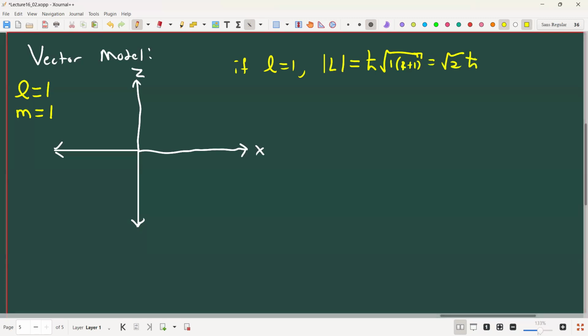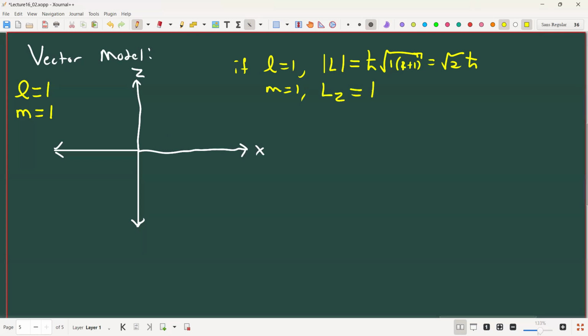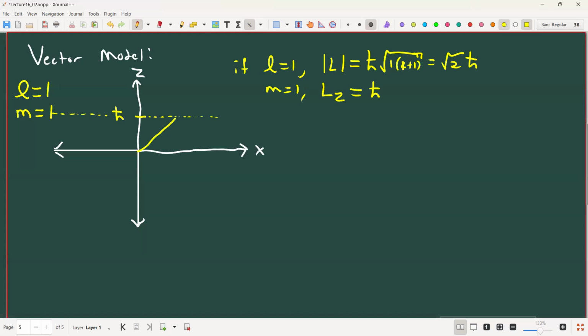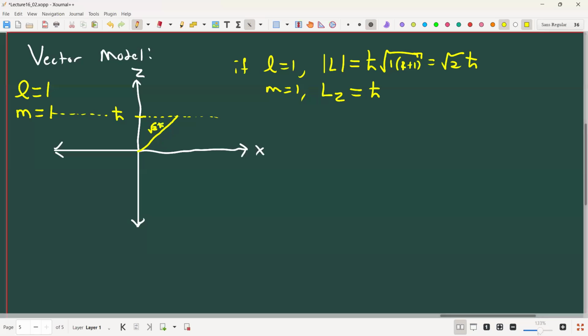So that's the amount of angular momentum the p electron has, root 2 h bar. And if m is equal to 1, then the z component of the angular momentum is h bar. So I can draw a vector that has z component h bar, and it has length root 2 h bar. All right, so this is my angular momentum vector for this state.